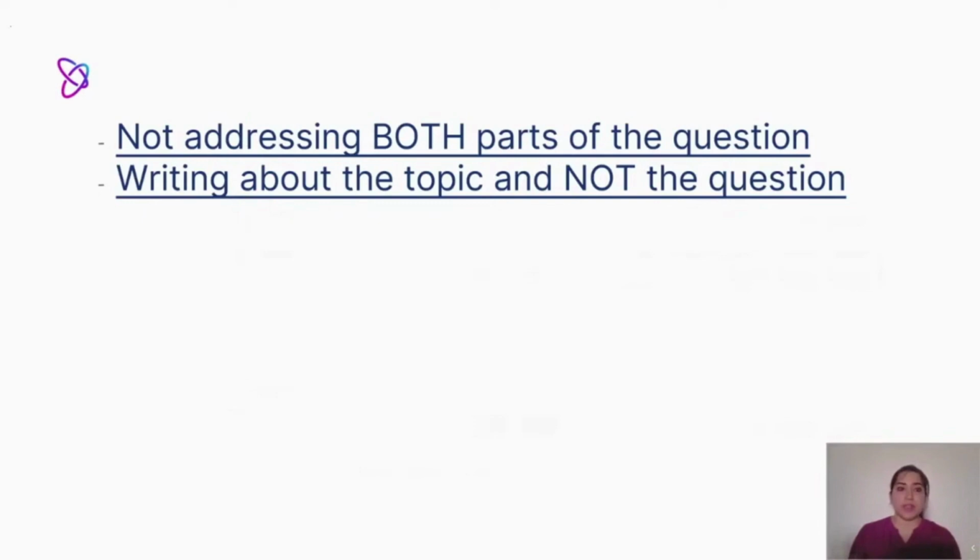That's where you're going on about the topic and not the question. So make sure, usually this is for Task 2 mainly, that you're answering the question. You can bring in little points about the topic if it helps your answer to the question.